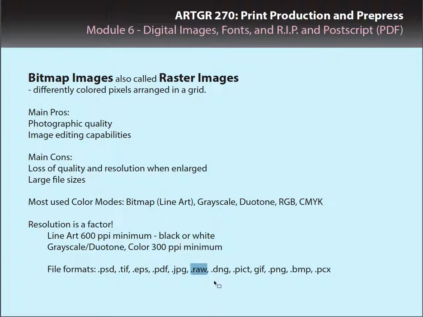RAW is a newer file format that comes off of digital cameras, and it really just means RAW, as in that's the original image. So just a little bit about digital cameras. A digital camera has in it a CCD sensor, a light sensor that collects light.